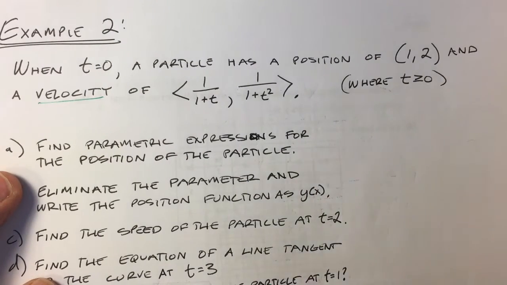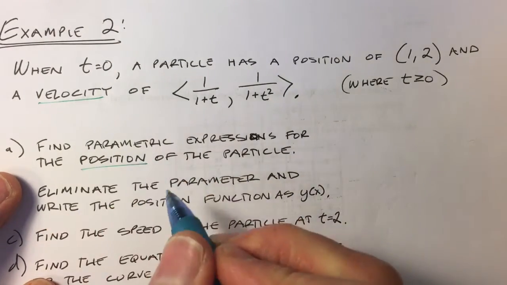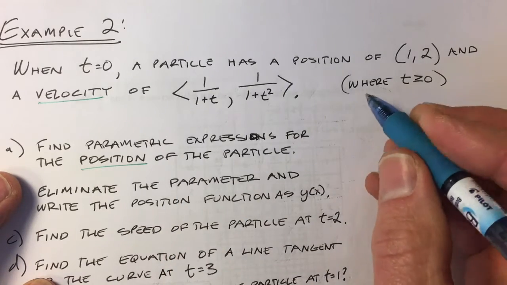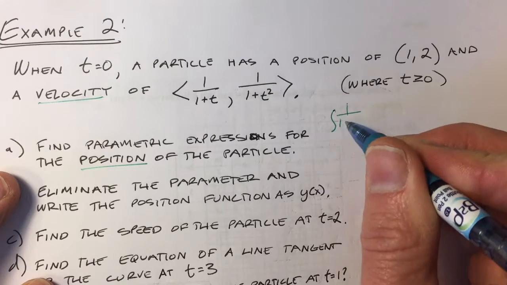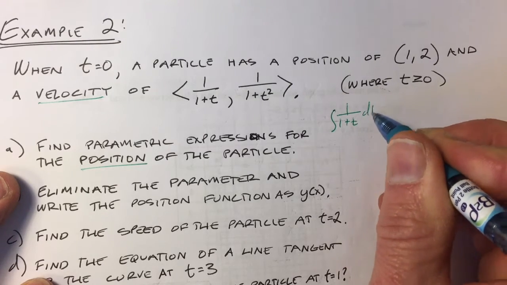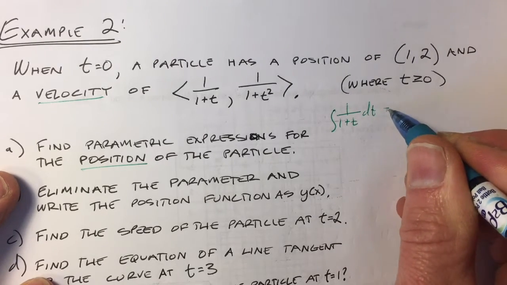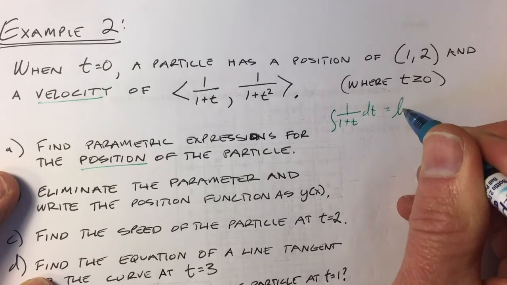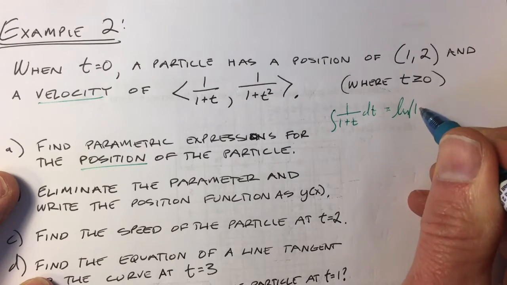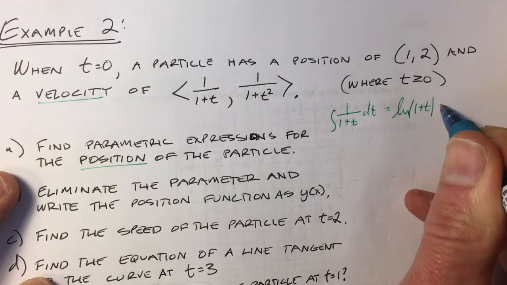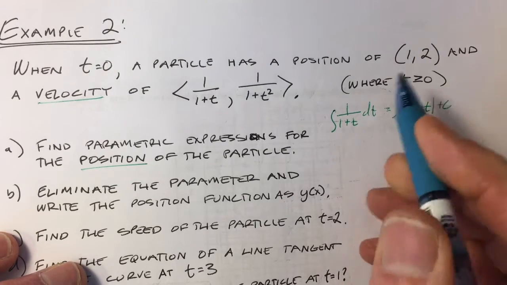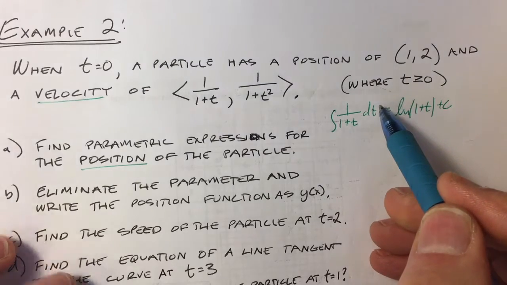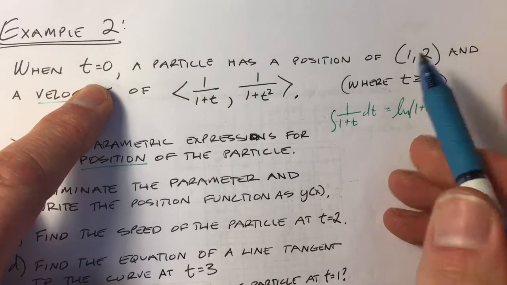All right, well, to go to the position, I've got to integrate. So this is sort of fundamental theorem of calculus here. If I integrate 1 over 1 plus t dt, what happens? Well, that is going to be the ln of 1 plus t and then plus c. And I know that when t is equal to 0, I'm at 1.